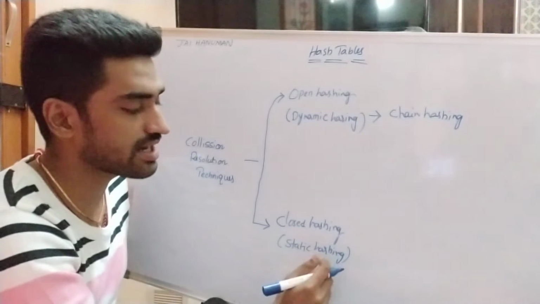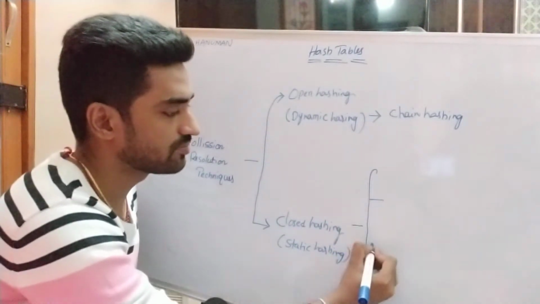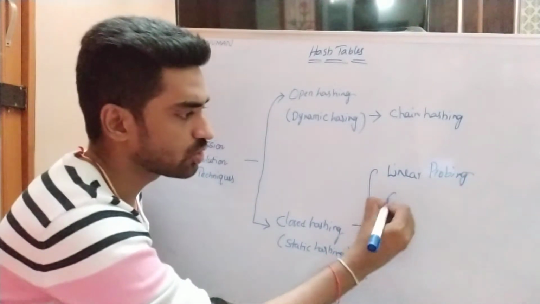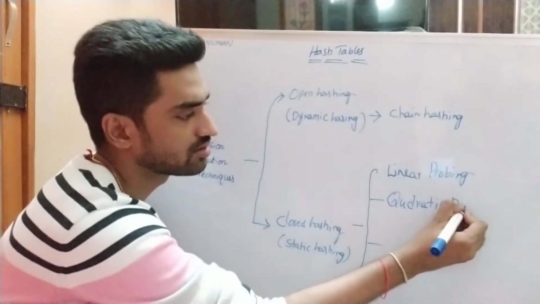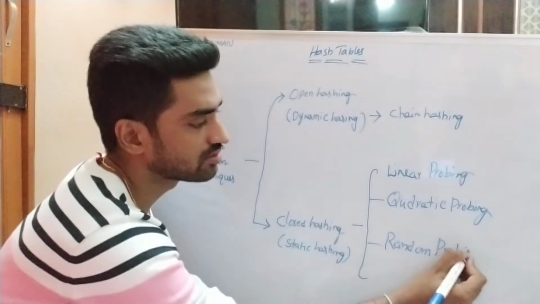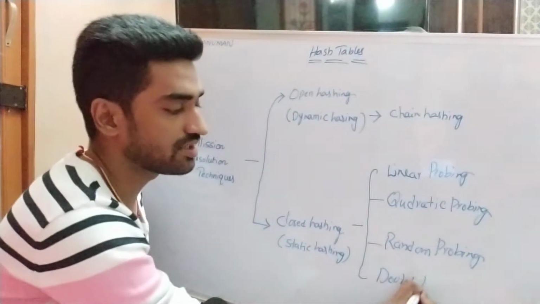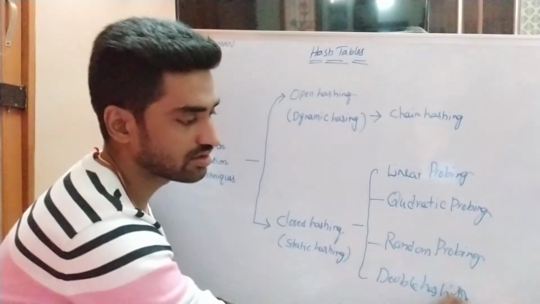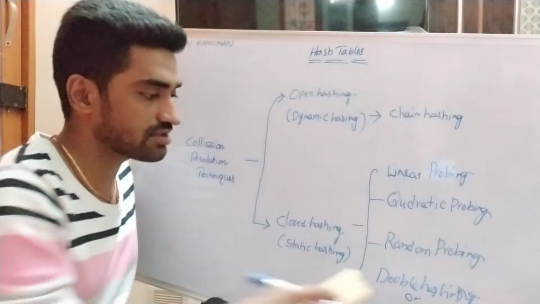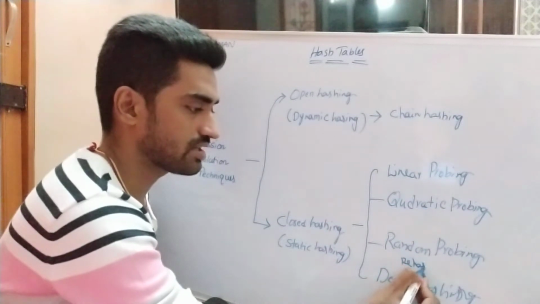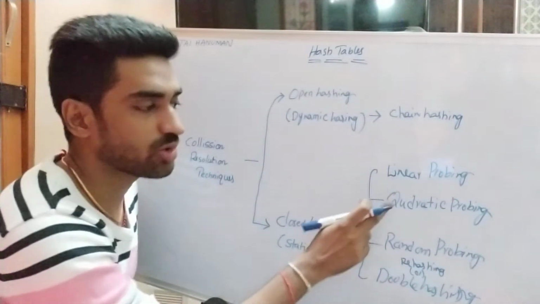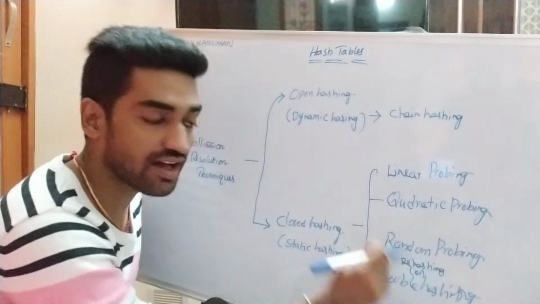To implement the closed hashing or static hashing mechanism, we use four types of techniques: linear probing, quadratic probing, random probing, and double hashing, which is also called rehashing.